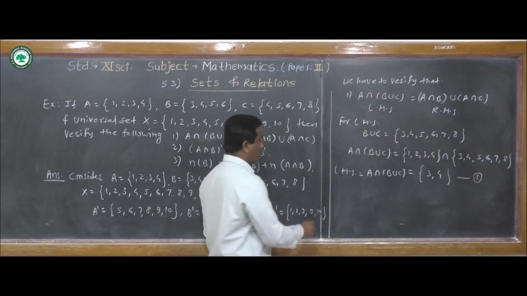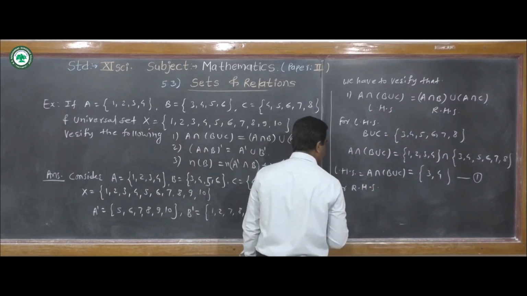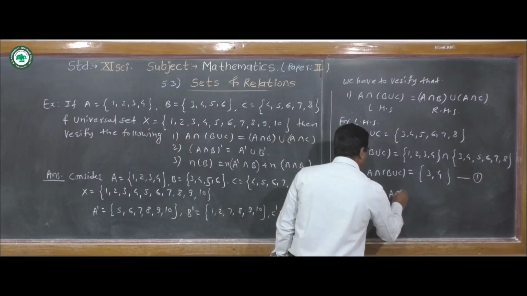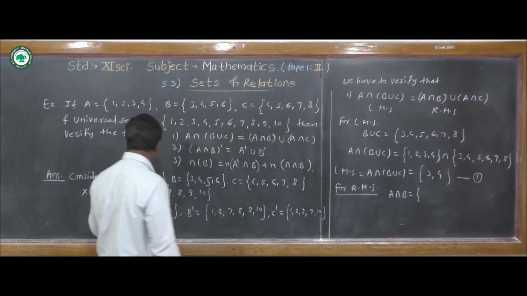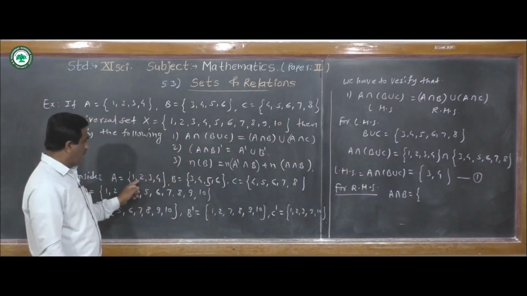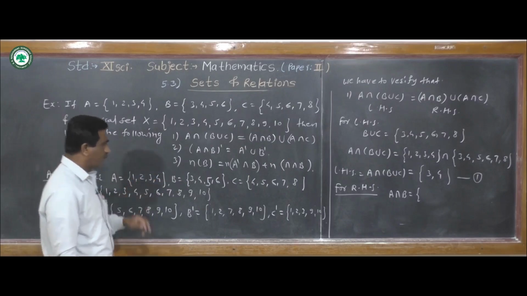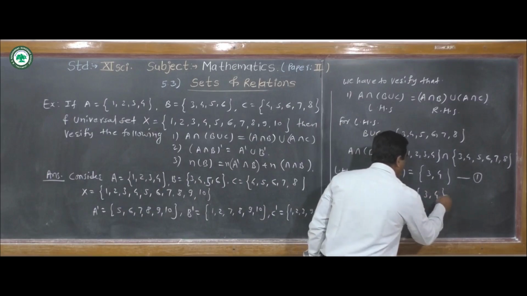Now for RHS, first we find A intersection B. A intersection B is equal to, in curly brackets, here is set A, set B. Same elements in these two sets: 3 and 4. A intersection B is equal to {3, 4}.